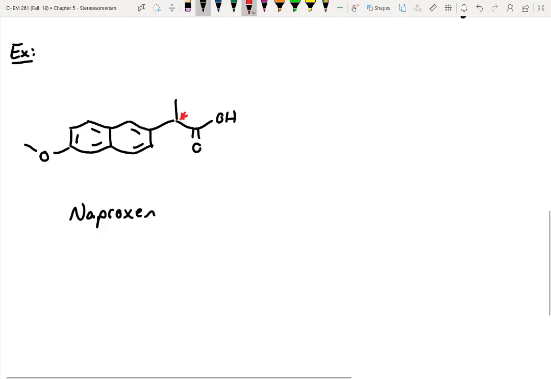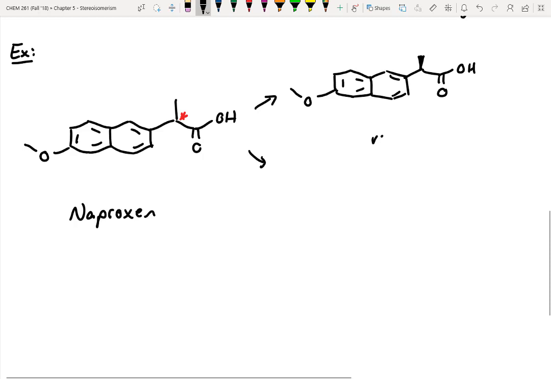So it's right there. So what we have, again, is 2 different versions of this molecule that are different handedness. So let me quickly draw this out. All right, so the methyl group on one could be a wedge versus this one down here, where that methyl group will be a dash.